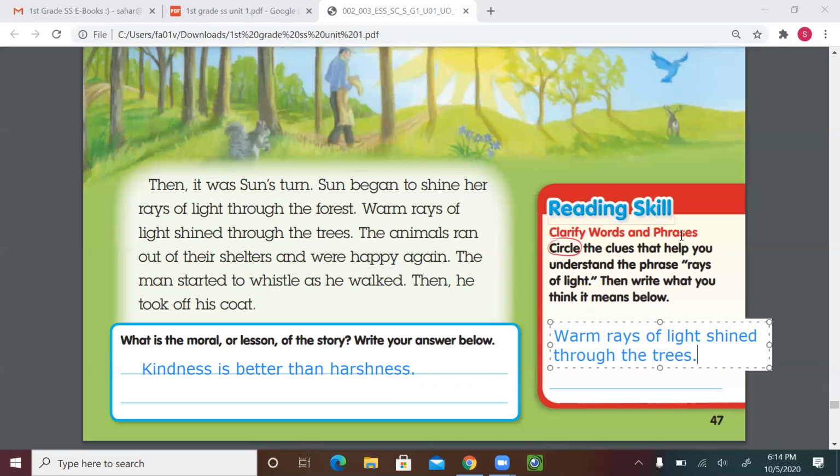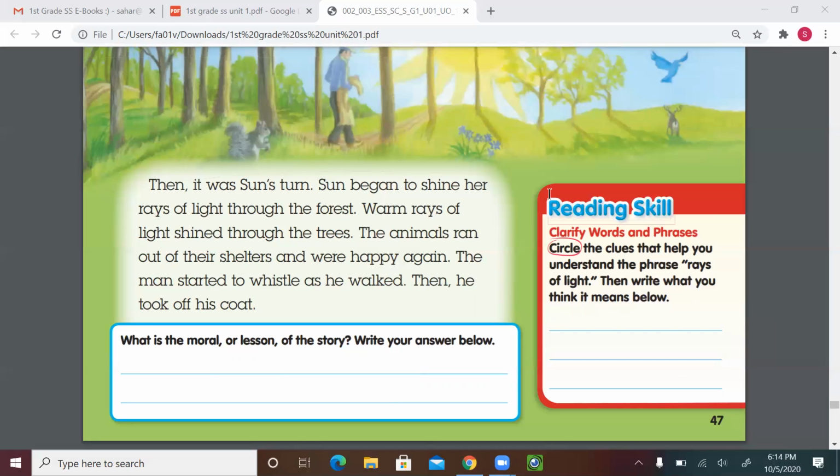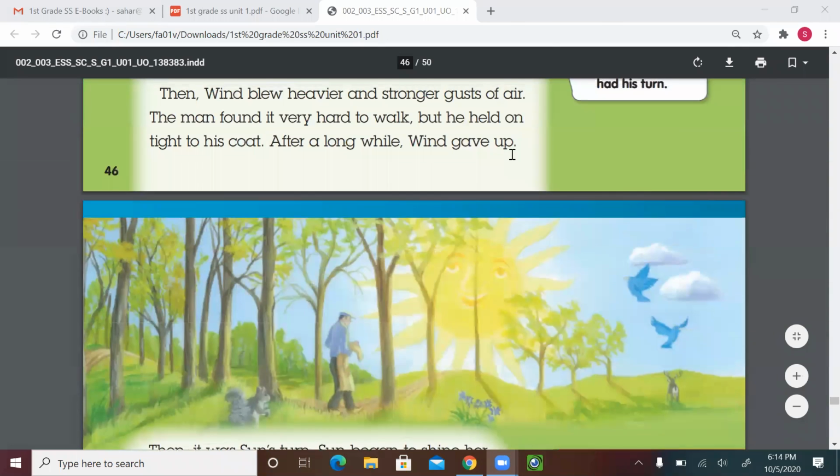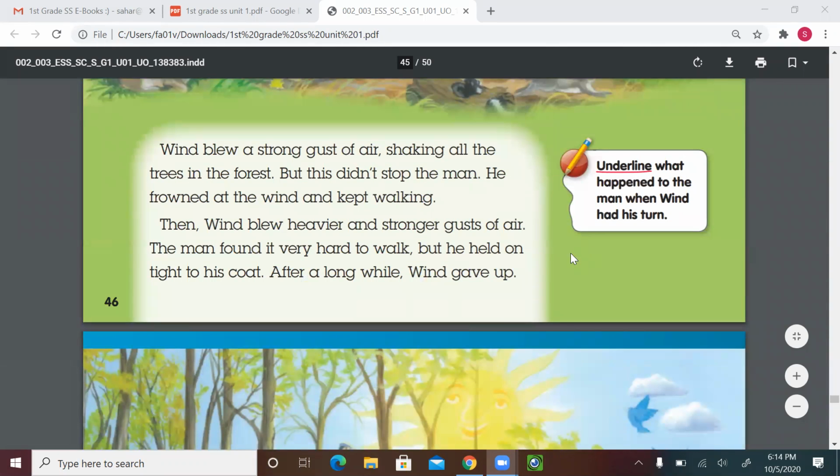So this is from reading skills. Okay, let me clear this so we can go up there. All right, over here, let's see.